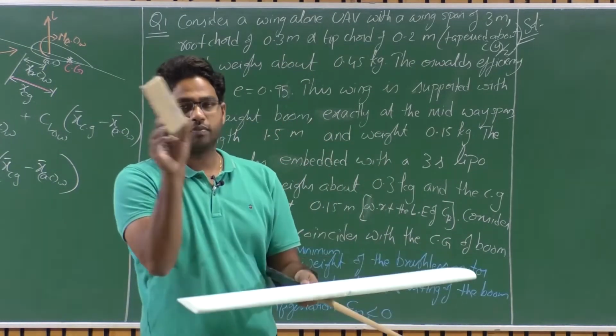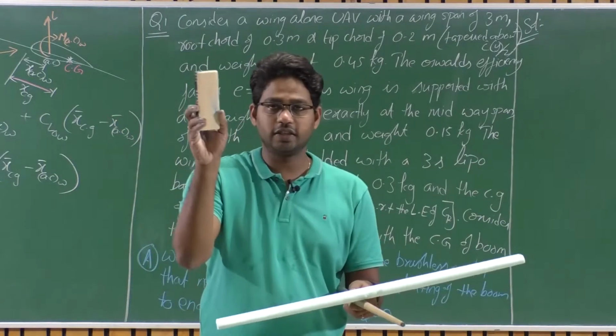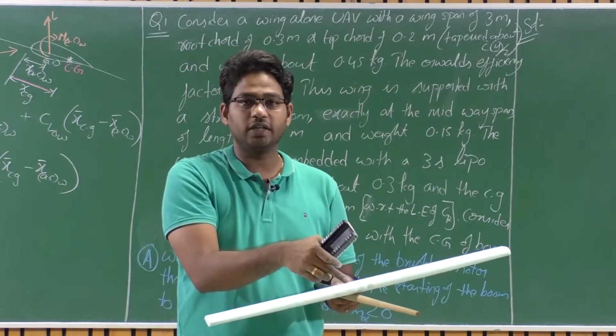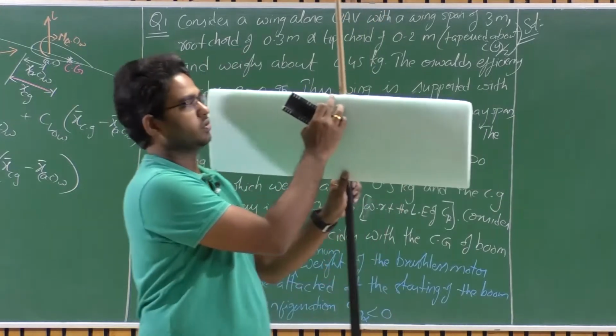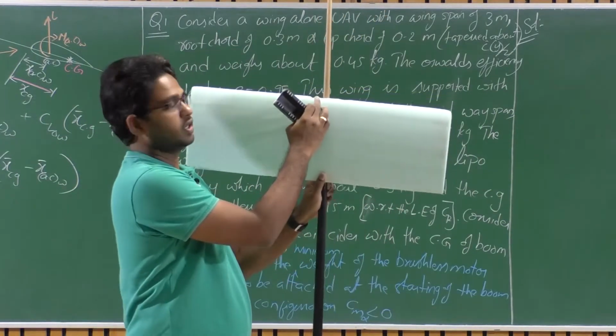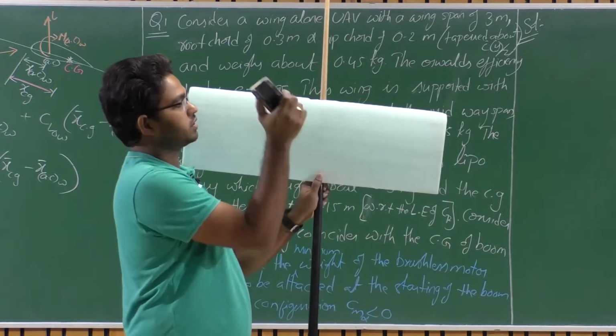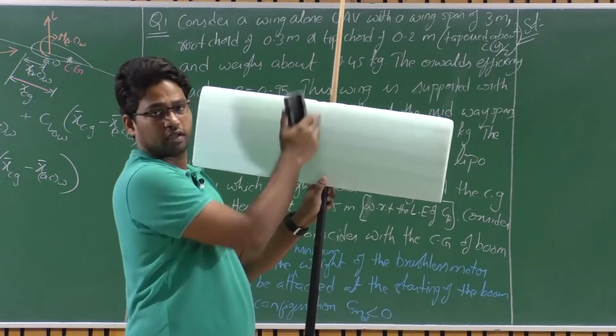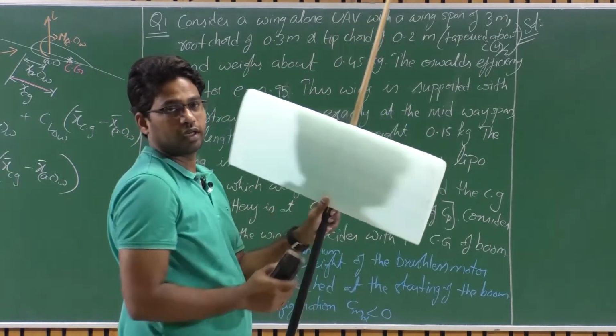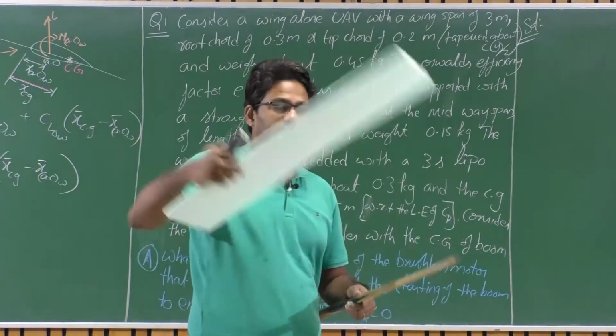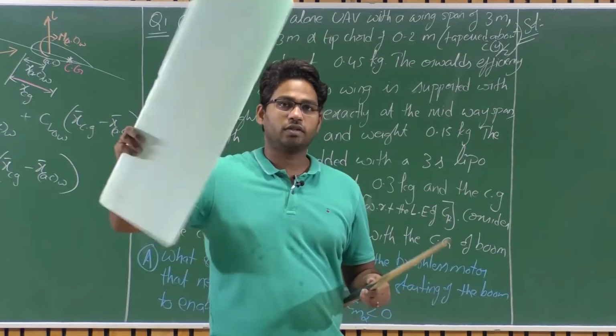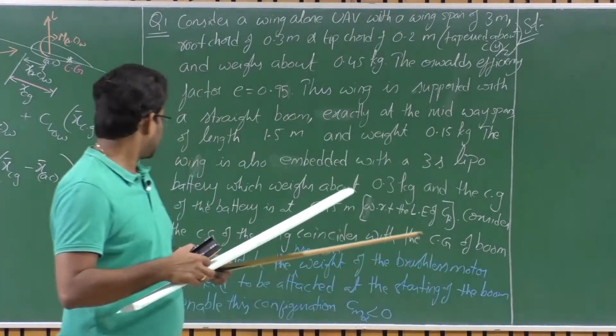The weight of the battery is about 300 grams, and the CG of the battery is 15 centimeters from the leading edge of the root chord. So this is my leading edge of the root chord, and the CG of the battery is 15 centimeters behind it.